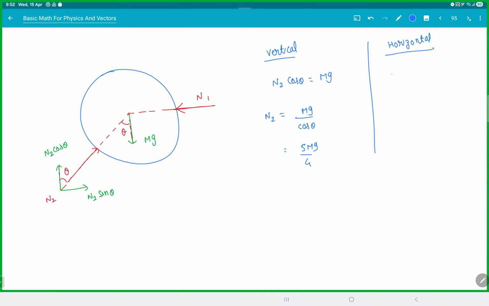Similarly, in the horizontal direction, N2 sine theta is N1. N2 is 5 mg by 4. This is sine 53. Is N1. Sine 53 is 4 by 5. So N1 is mg.